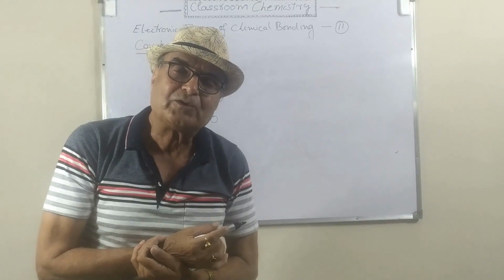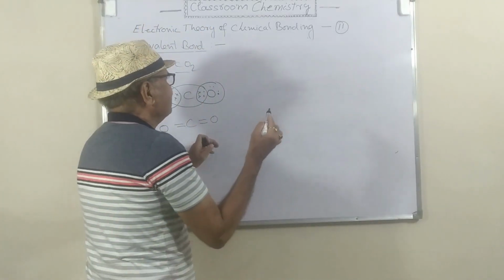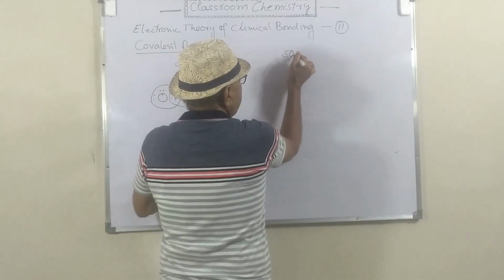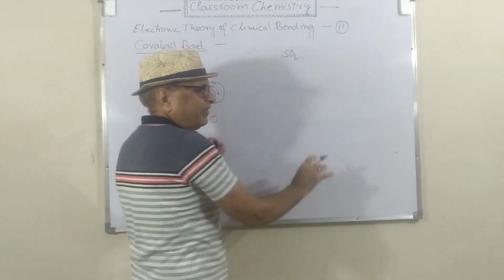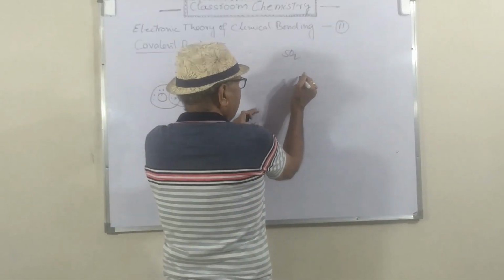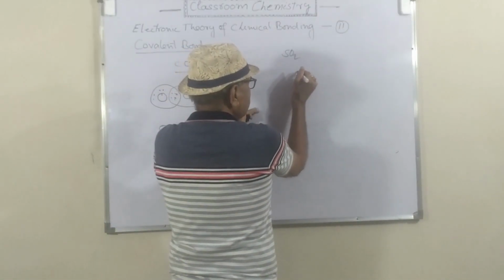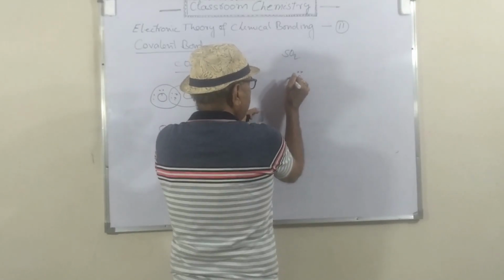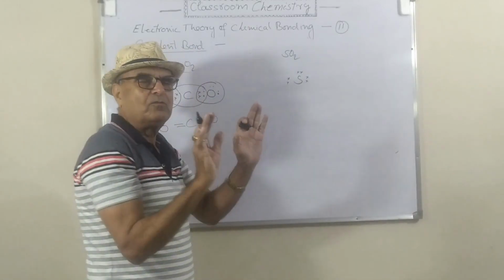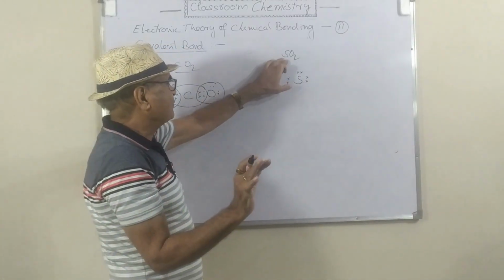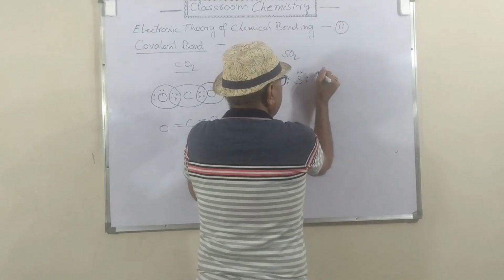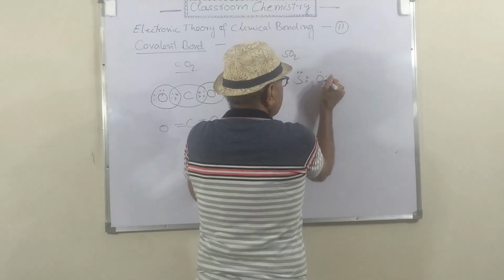Now I am going to explain some structure that is special: sulfur dioxide. Sulfur has 6 electrons in the outermost orbit, and this oxygen has 6 electrons in the outermost orbit.